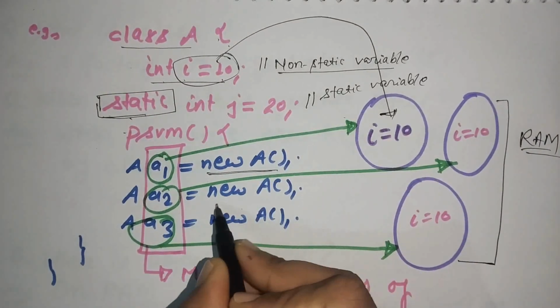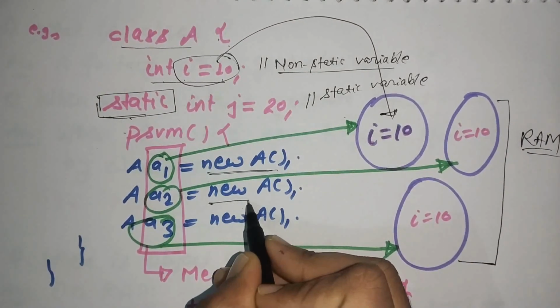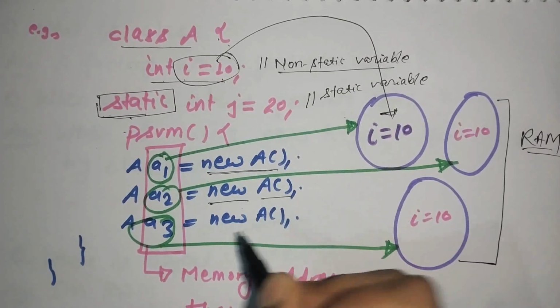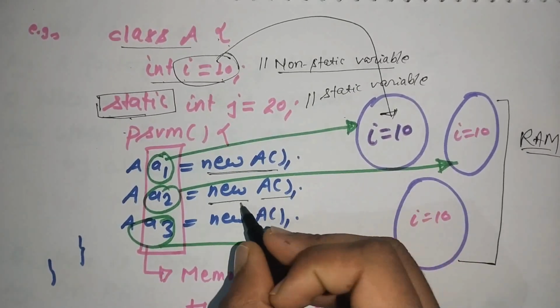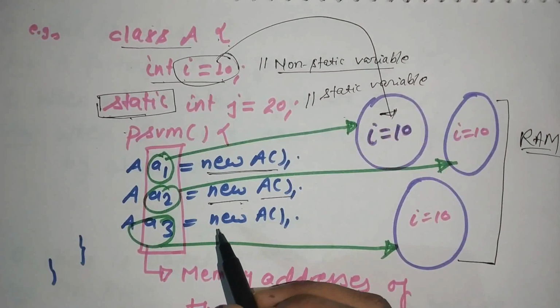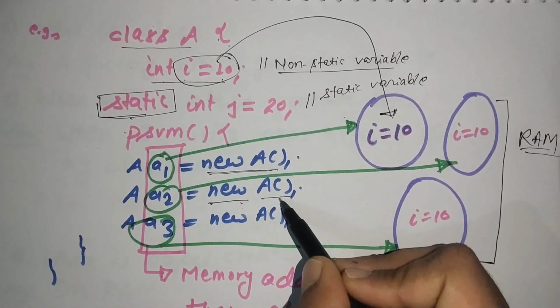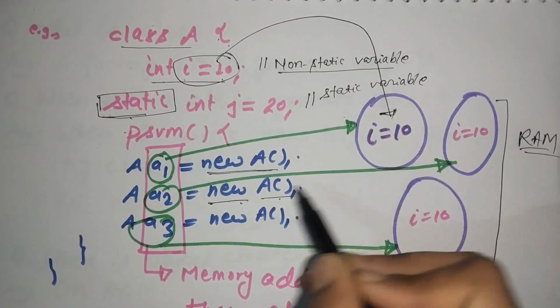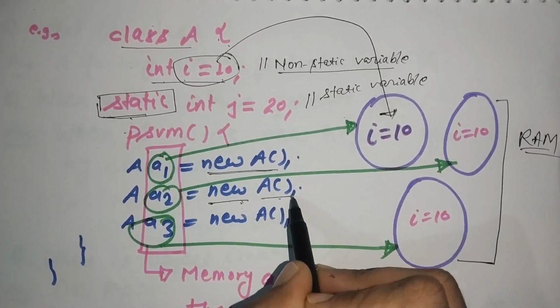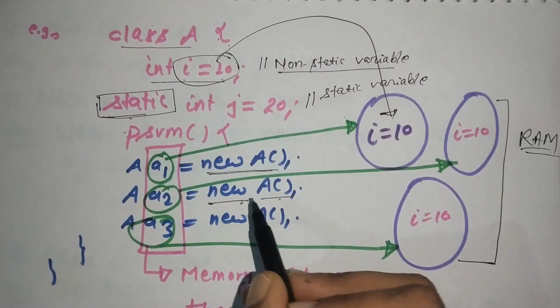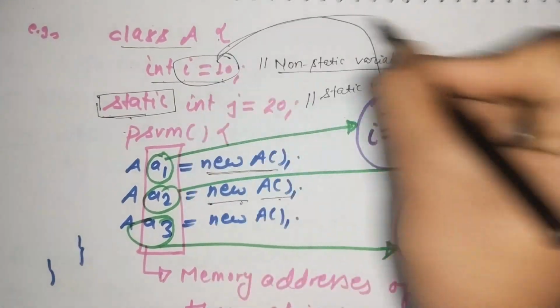Again here I used the new keyword. So again the new keyword sends a request to the class, and the class will generate another object. And once the object is created, only non-static members go to the object.